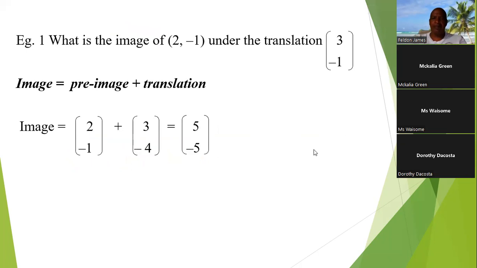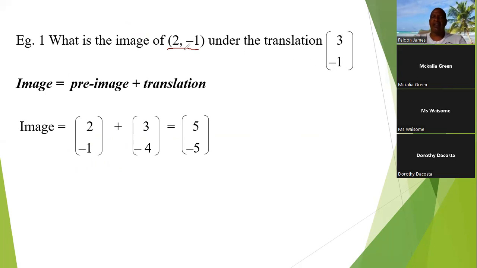So here is our example. For this example, the question is asking, what is the image of the coordinate x equal 2, y equal -1 under the translation vector of 3 and 1?